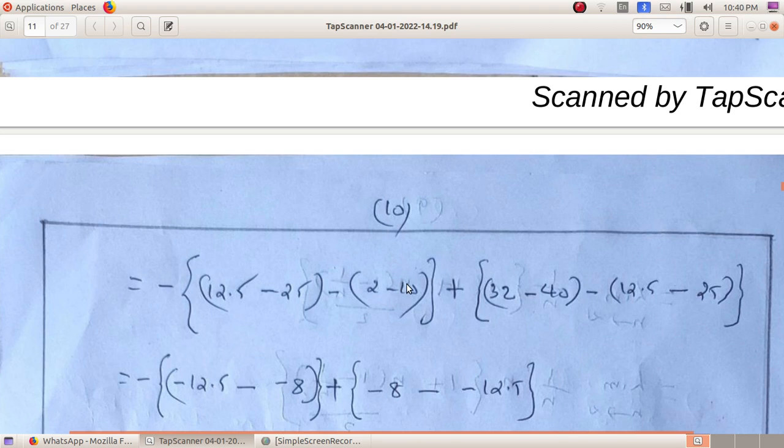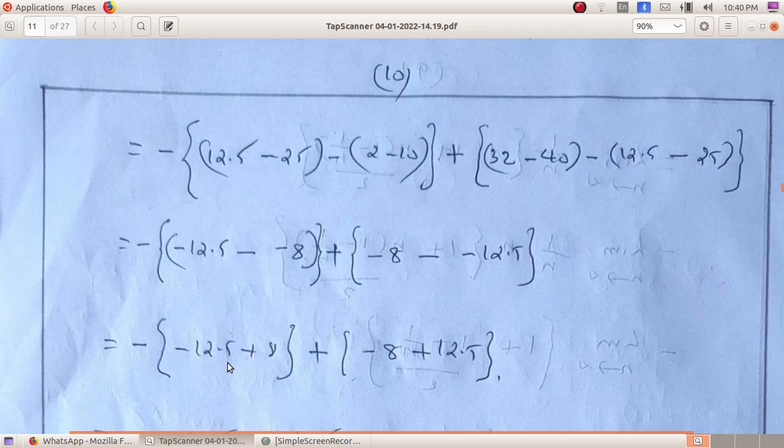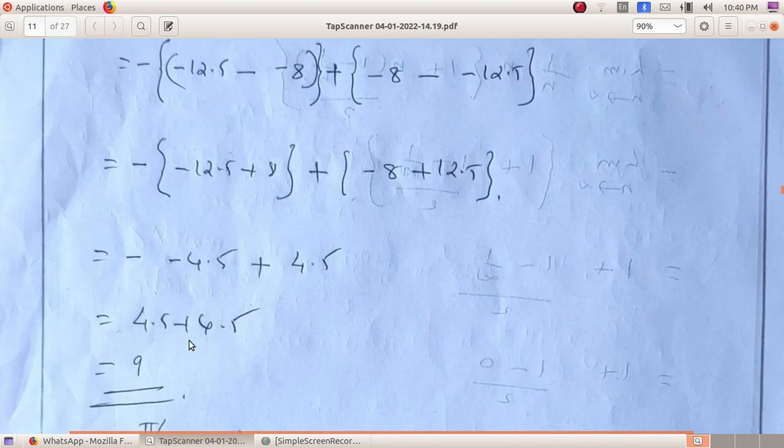This is minus 8. Plus 32 minus 40 minus 8, minus 12.5 minus 25 minus 12.5. So this is minus 12.5 plus 8 plus minus 8 plus 12.5. So this is answer 9. You can calculate the remaining steps.